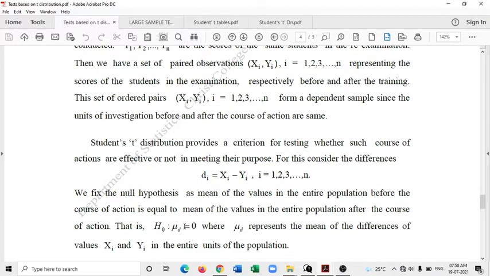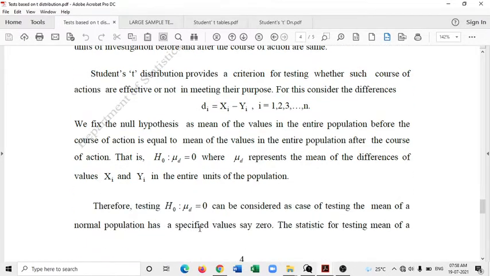What is mu d then? Mu d is the mean of the differences, that is mu1 equal to mu2 is now mu d equal to 0. The mu d represents the mean of the entire differences considered in the population. Now these d1, d2, etc., dn obtained for the samples x1, y1, x2, y2, etc., xn, yn can be considered as a sample drawn from the population with H0: mu d equal to 0.